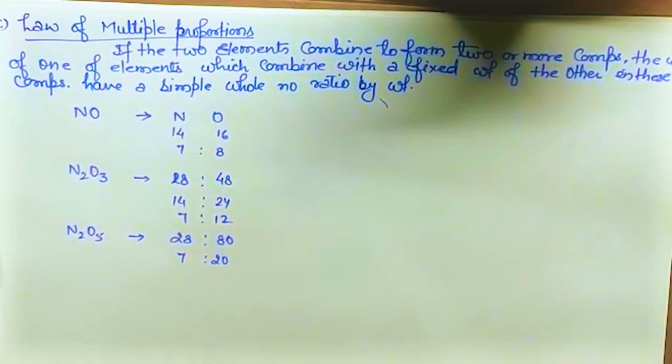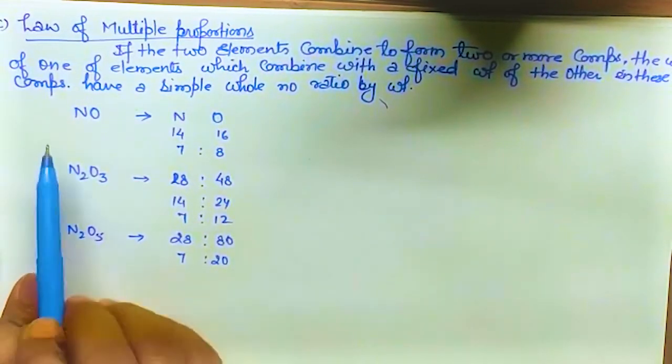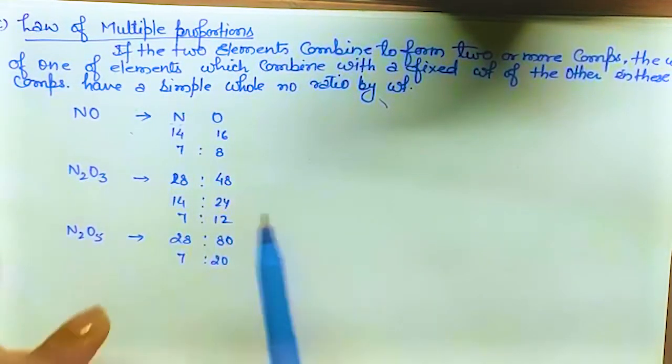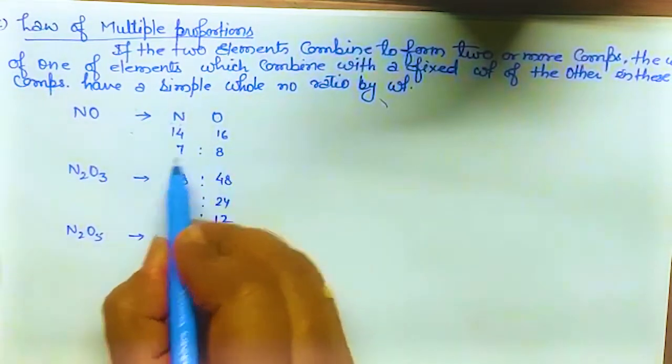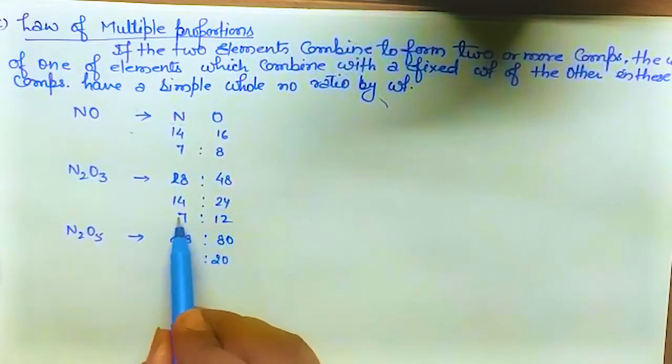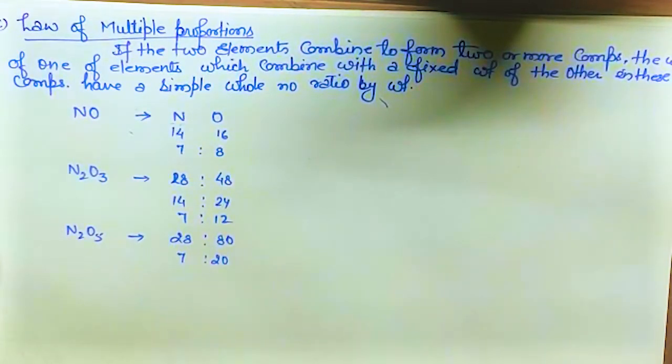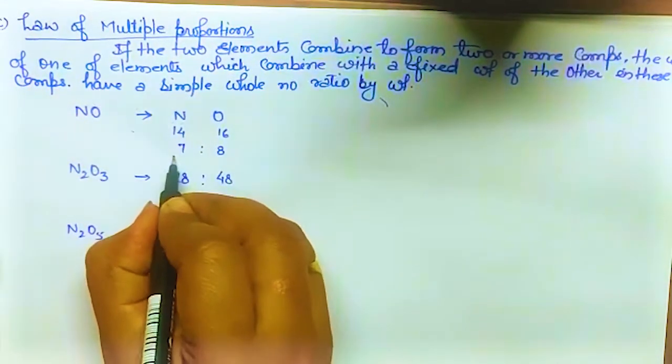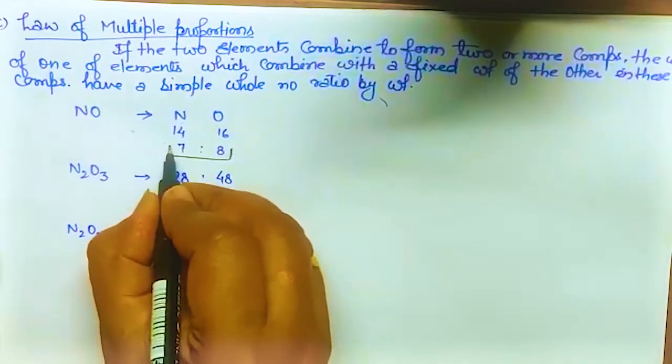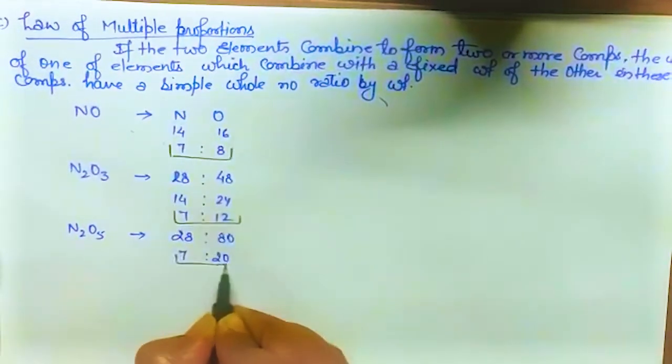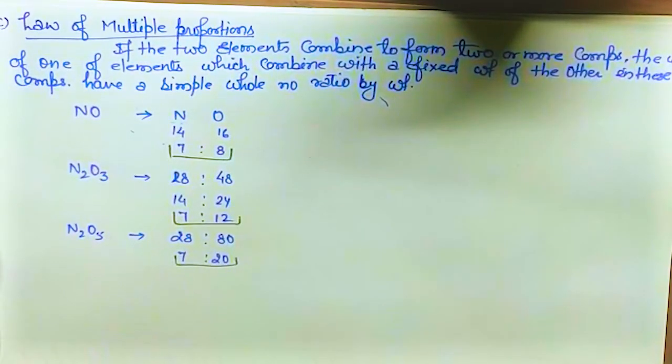So we can check that nitrogen and oxygen, the same elements, if they combine in different ratio, 7:8 ratio, or 7:12 ratio, or 7:20 ratio, they will form different compounds. Got it? Can you see this? Okay. So this is the law of multiple proportion.